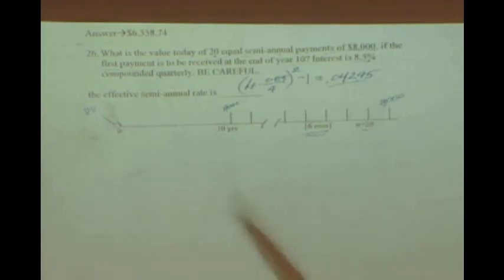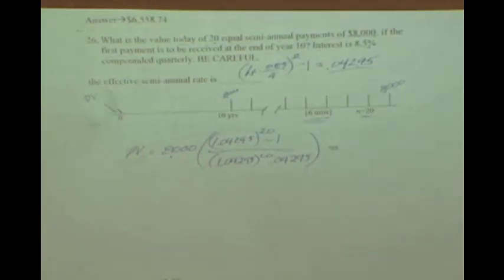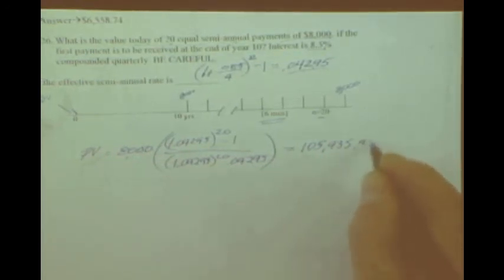Our strategy is to consolidate the annuity payments. There are 20 payments, so 20 is the exponent. And I get 105,935.48.